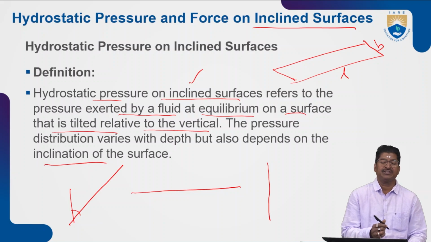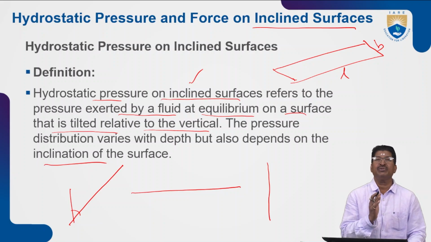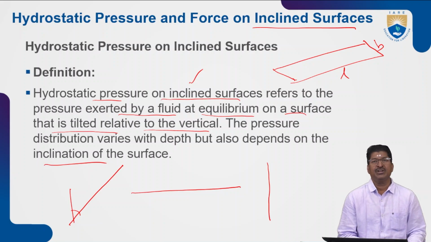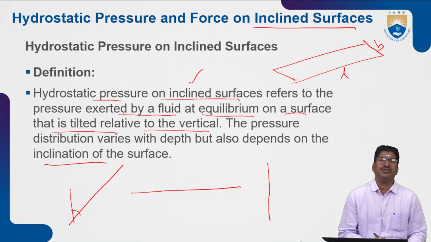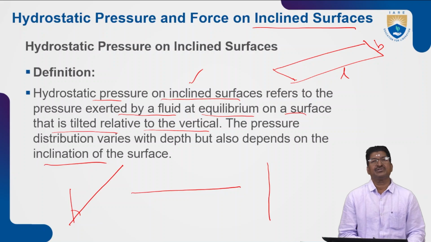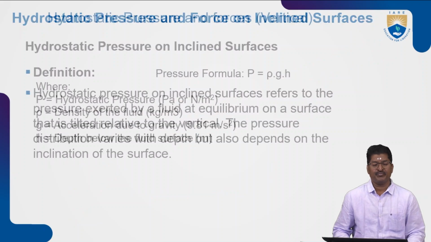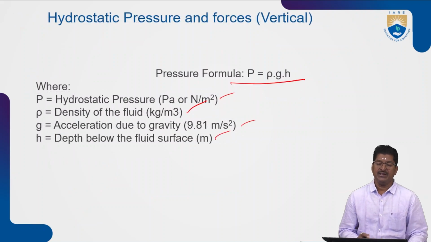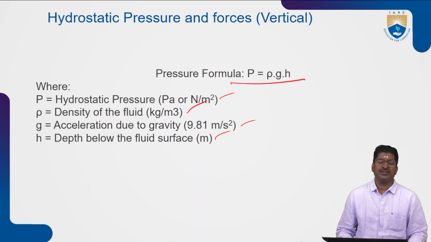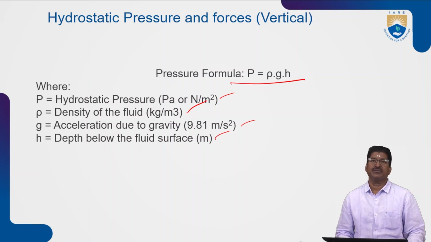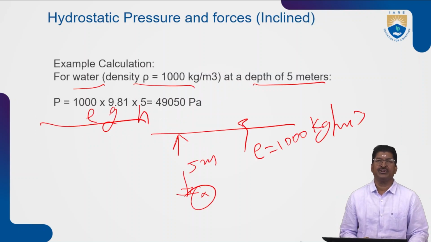When the surface is tilted relative to the vertical surface, the pressure distribution varies with the depth of that point and also with the inclination of the surface. And the formula for the hydrostatic pressure is equal to rho g h, where rho is the density of the fluid, g is the acceleration due to gravity, and h is the depth below the fluid surface.